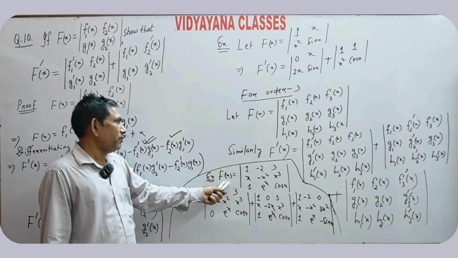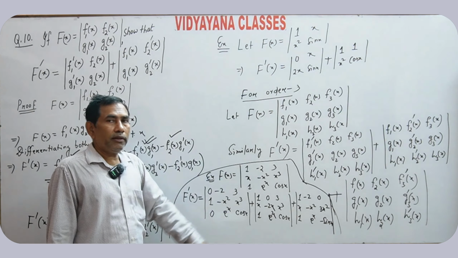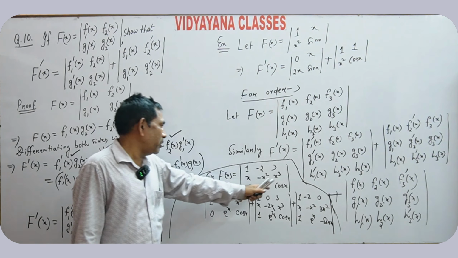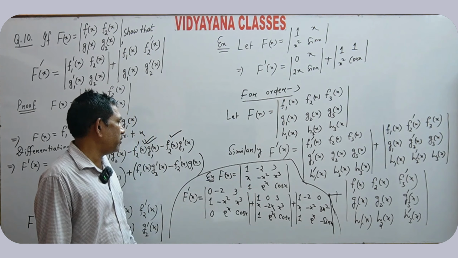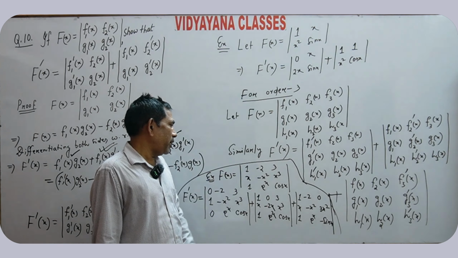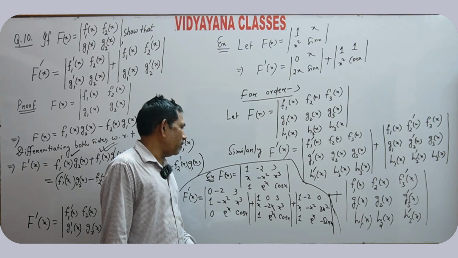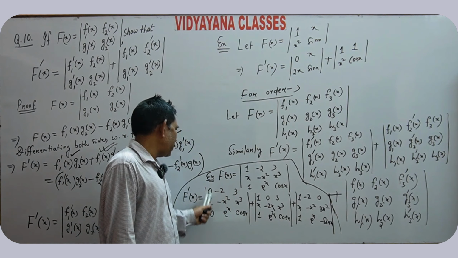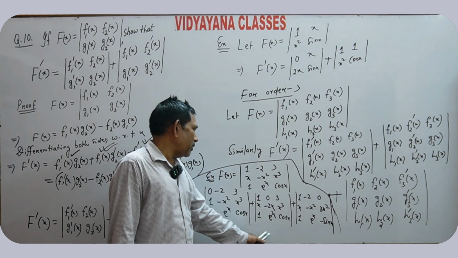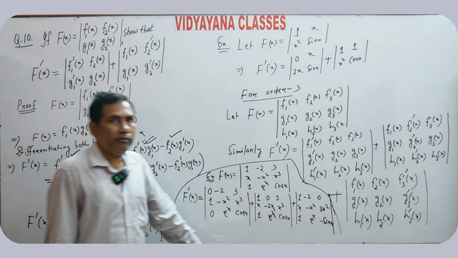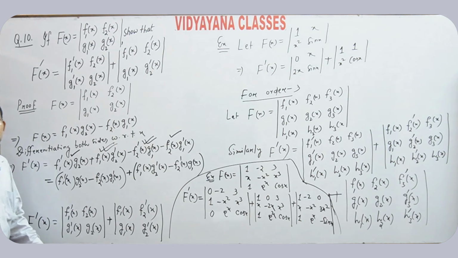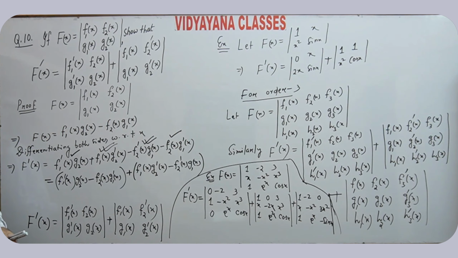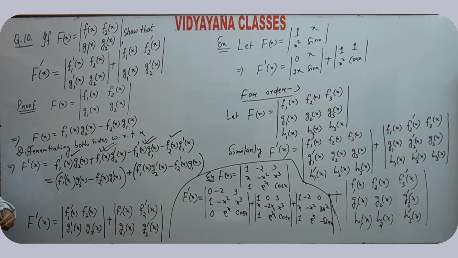Here, capital F(x) is a determinant of order 3, and its derivative is the sum of 3 determinants, each of order 3. The derivative of the function means the derivative of the first column, the derivative of the second column, the derivative of the third column. Clear? Okay. Note down.